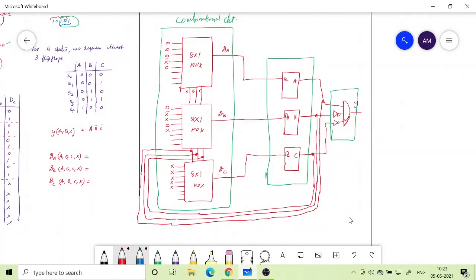I have only one external input, which is X. So that I can show here. I need to use one more NOT gate. And then X here and X here.